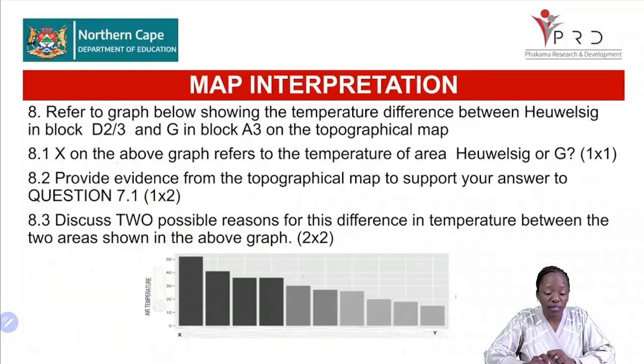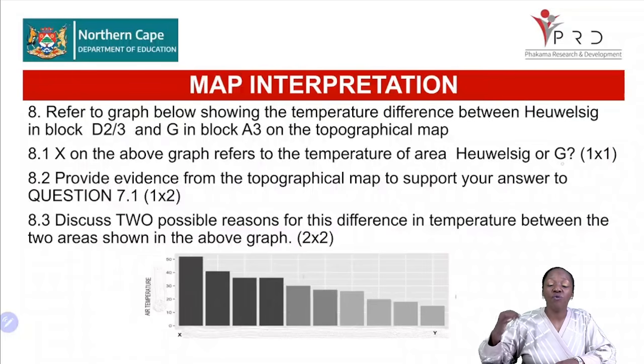8.1: X on the graph refers to the temperatures of the area, which is the Haylet or G. So here, looking at the X, which has a high temperature, is it the Haylet or is it the G?